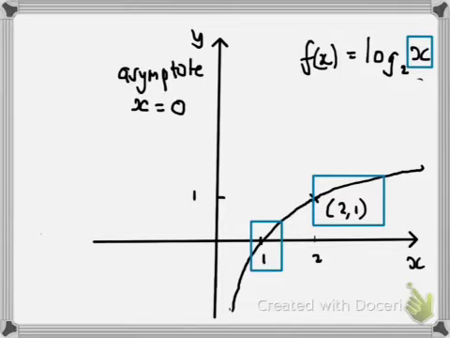There's no negative domain here. That's because x cannot take on a negative value in the log. So there's the basic shape of log x to the base 2, and it's also got, and I haven't pointed this out yet, an asymptote of x equals 0. So the y-axis is the vertical asymptote on this occasion.